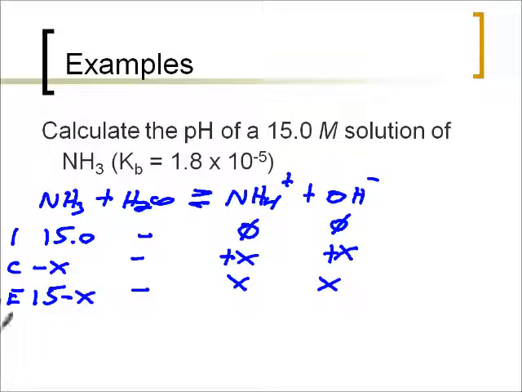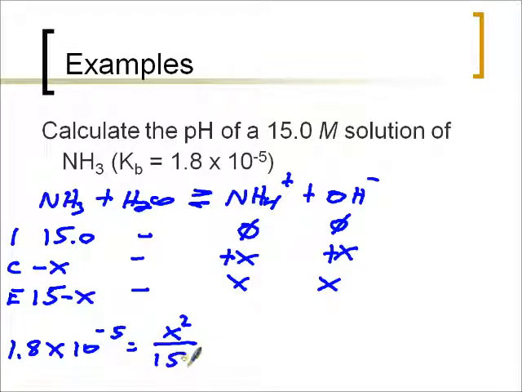So they gave me the Kb value, so I'm just going to go ahead and plug it into the equilibrium expression. So it's going to be 1.8 times 10 to the negative 5 equals x squared over 15 minus x. Oops, this is not right. Oops, there we go.